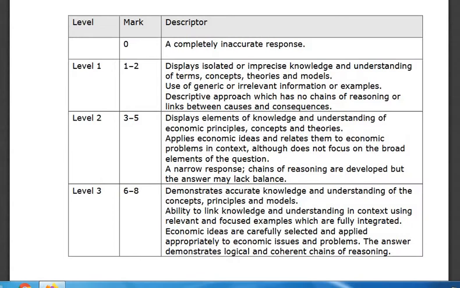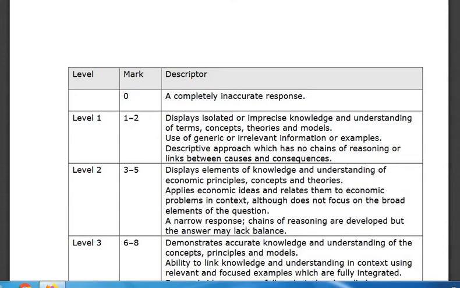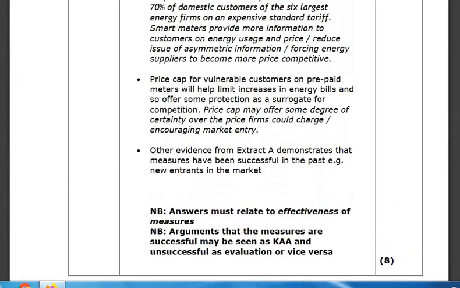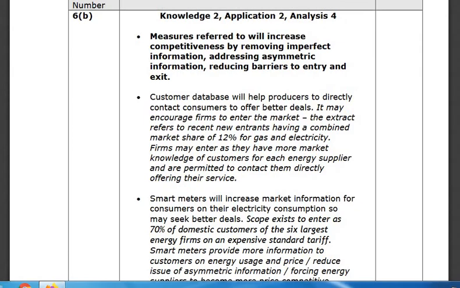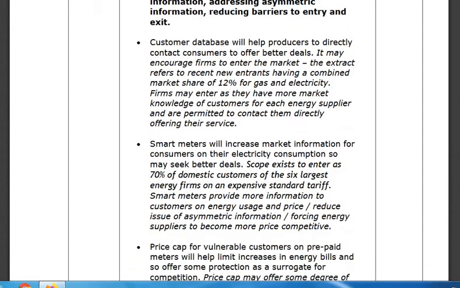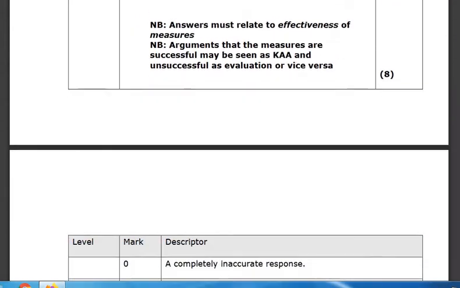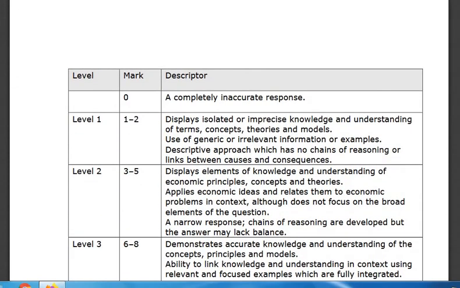So, for example, if you just wrote out the points here that they're putting up for the examiners to look at, if you just wrote these points out without really explaining them, then you would find yourself in level 1. Level 1 says displays isolated or imprecise knowledge and understanding of terms, concepts, theories and models.